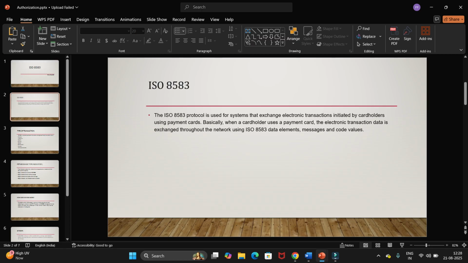It is a protocol used to exchange electronic transactions initiated by a cardholder using payment cards. Basically, when a cardholder uses a payment card for an electronic transaction, the data is exchanged throughout the network using ISO 8583 data elements, messages and codes.